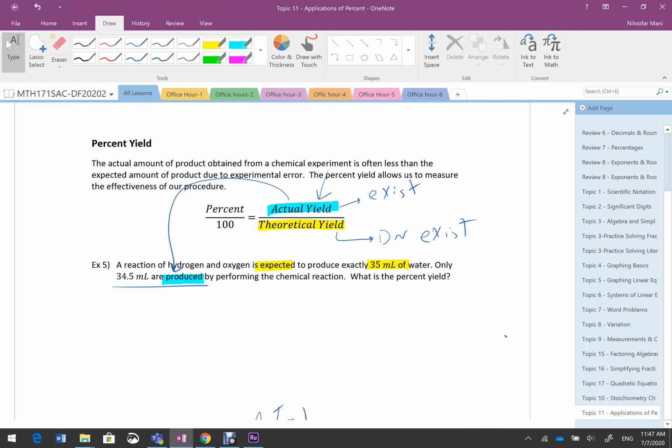So we compare these two to find the percent yield. Was the percent yield 90%? That's not bad, because I have 90% of what I believe I should have. When I do an experiment, many things happen. I lose a part, something happens during the experiment, so for sure I don't have 100% of what I expect. So I always have less than.